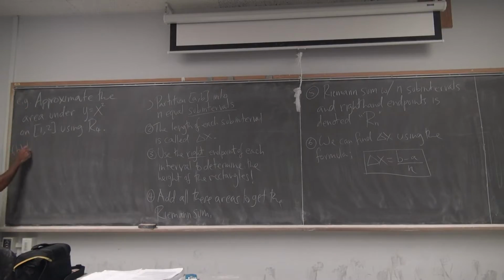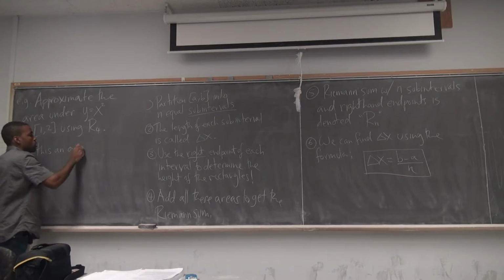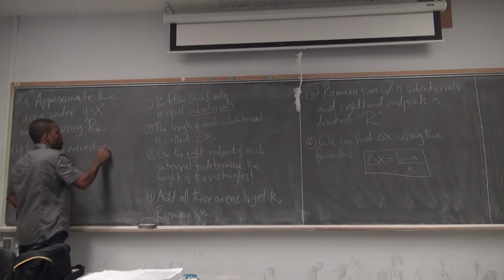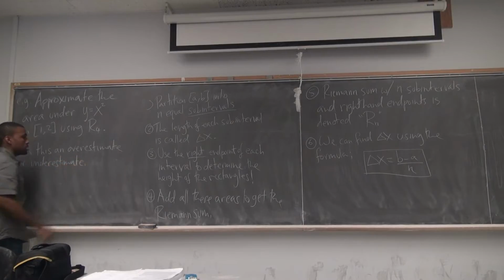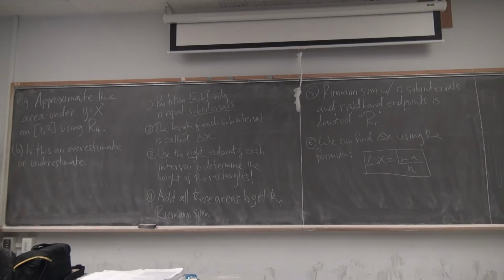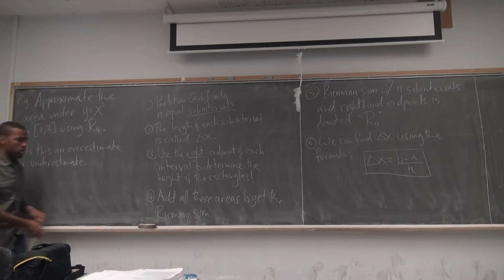Is this an overestimate or underestimate? That is, the value that I'm going to use for the Riemann sum, is it actually bigger than the actual area or smaller than the actual area?